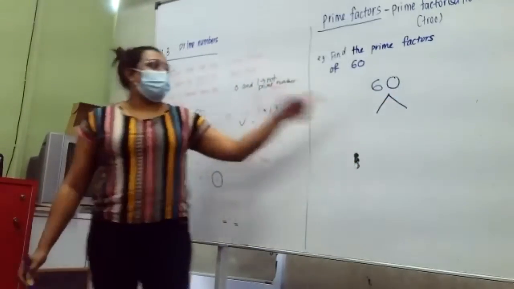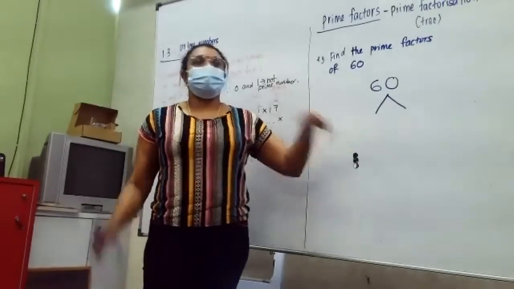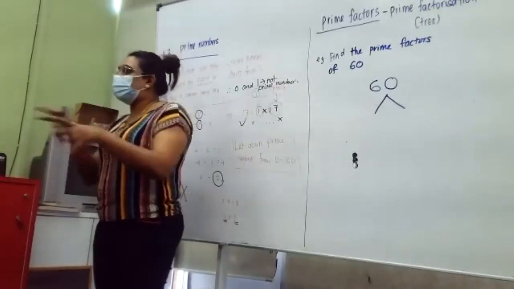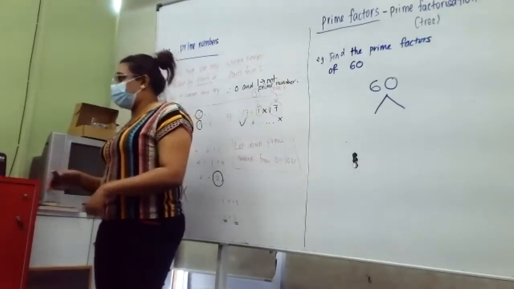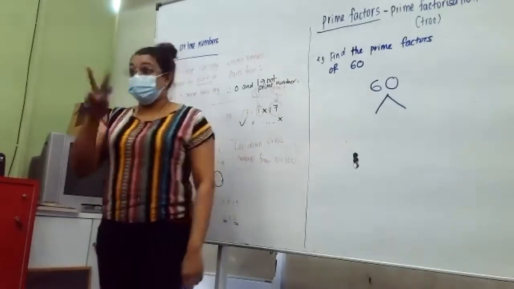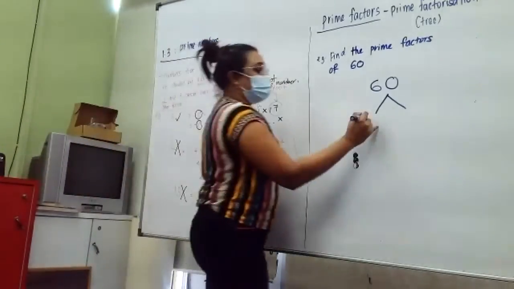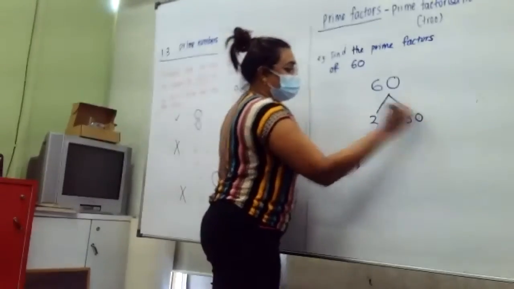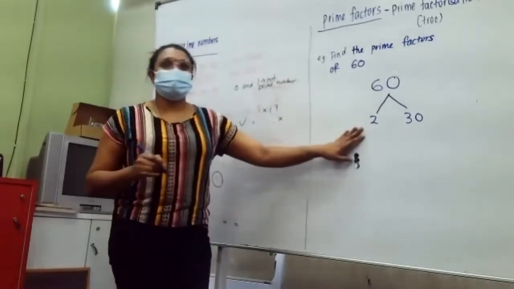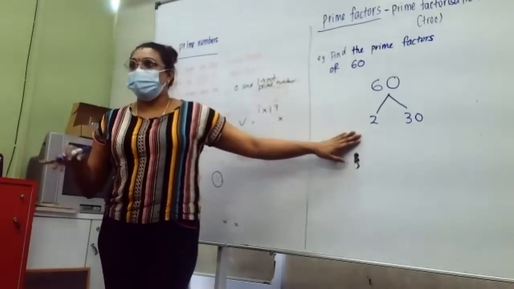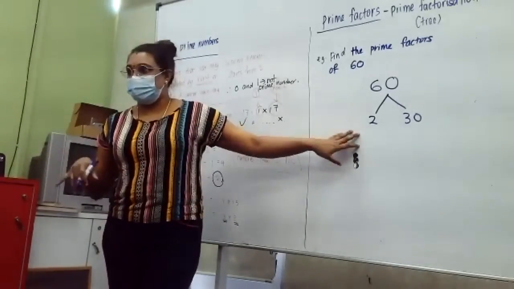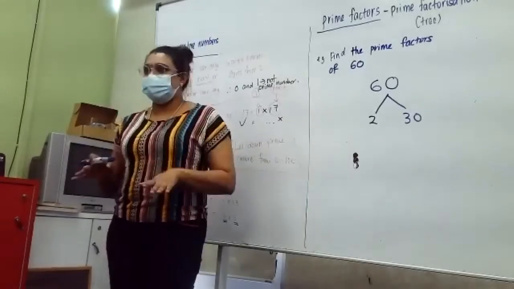What times what you get 60, but one of the numbers should be a prime number. Let's start with 2 first. So 2 times 30. 2 is the least prime number, so there's nothing less than that. So this one we just leave it as such.